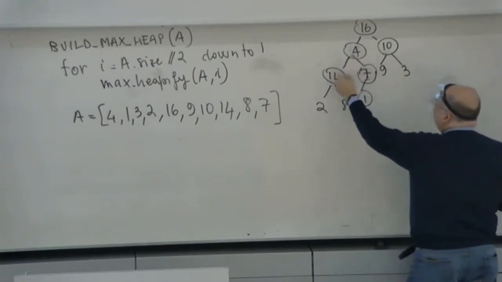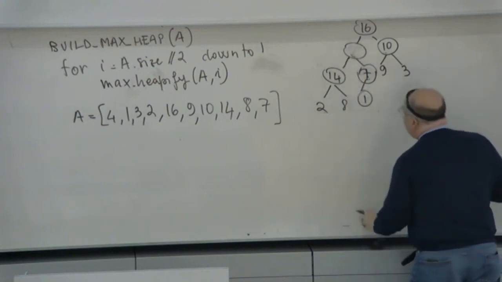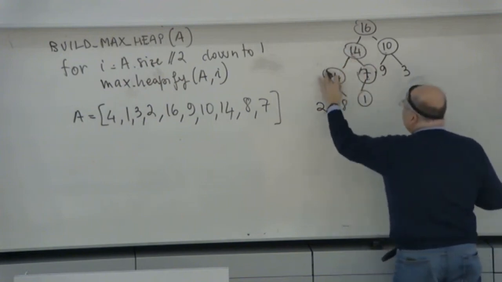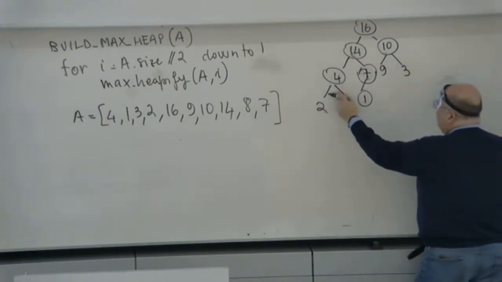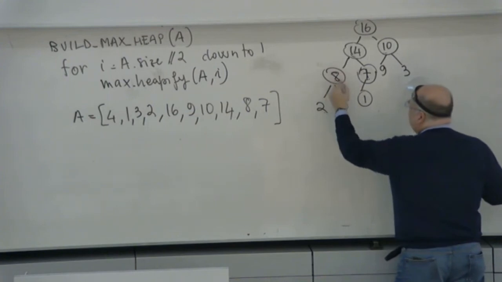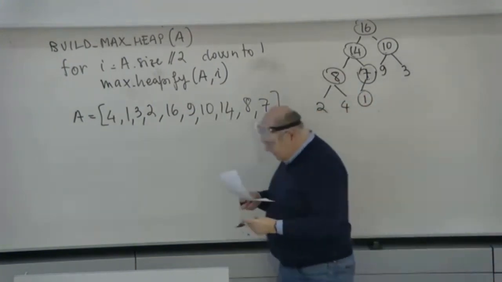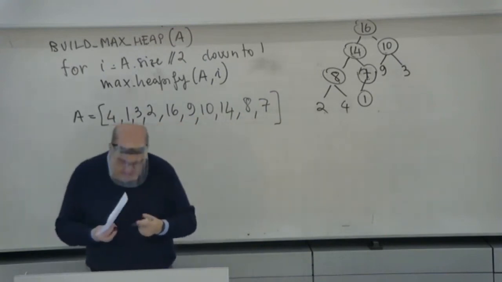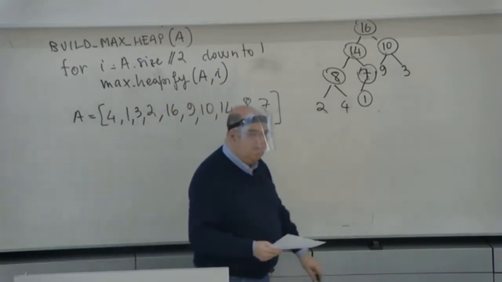You must swap the 4 here with the 14, and so you have 14 here, the 4 goes down here, and again, the 4 here is not in the right place because this 4 is less than 8, so you swap it with 8, you get 8 here, and you get 4 here. And then you are done, okay? So that is the process that allows for the building of the max heap.